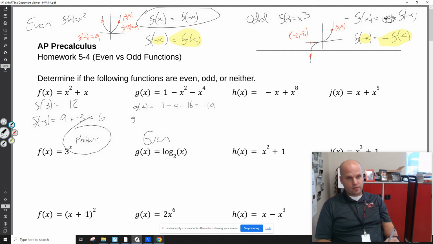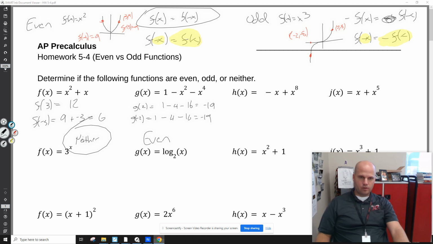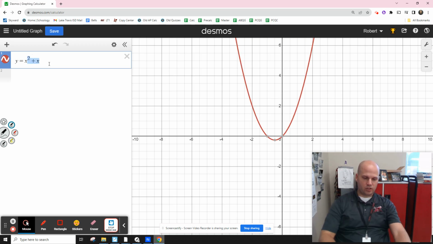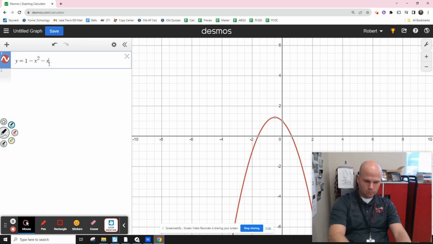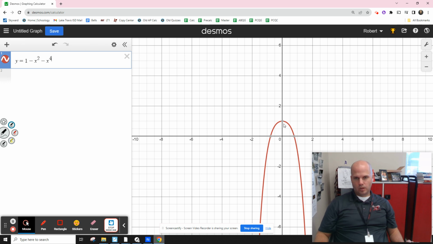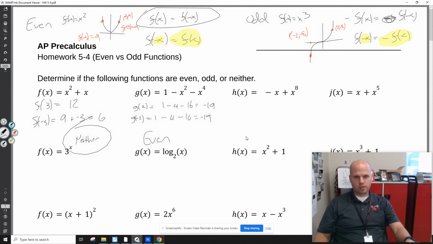If I plug in negative 2, still 1 minus negative 2 squared is 4. Negative 2 to the 4th is still 16. It works out to be the same value, okay? And we can graph to see the symmetry. Boom. It's centered around the y-axis, symmetry about the y-axis.